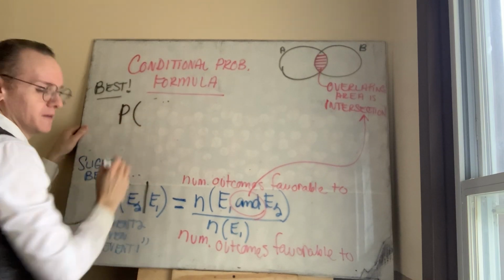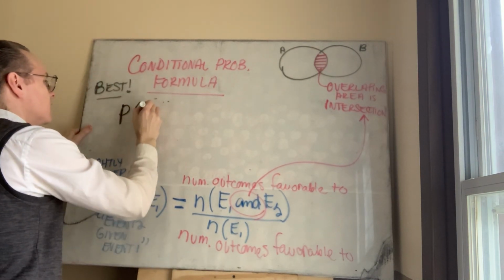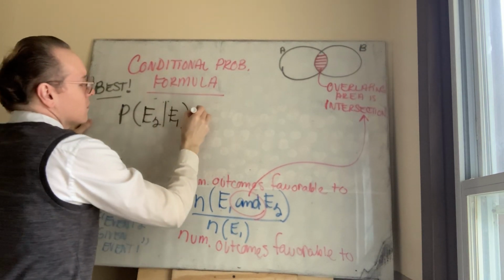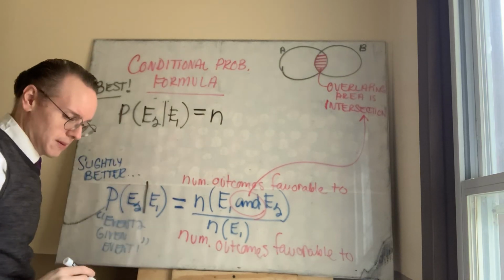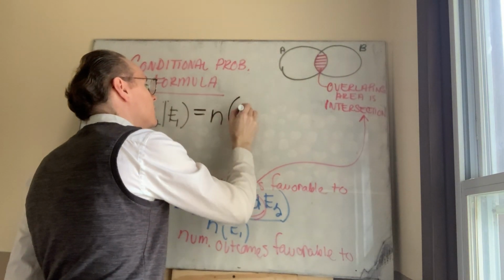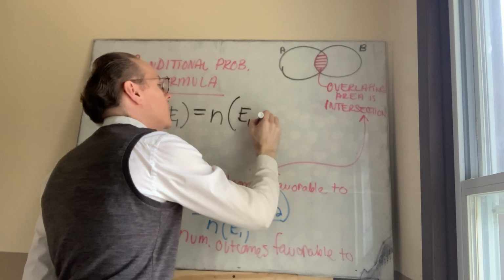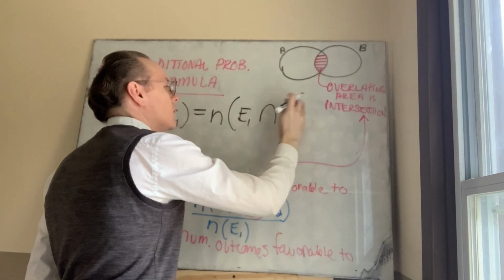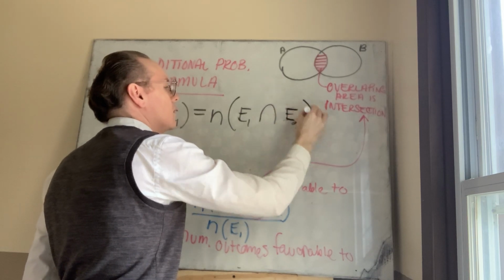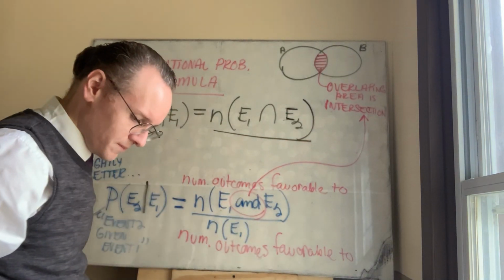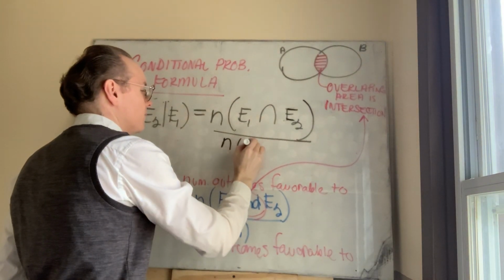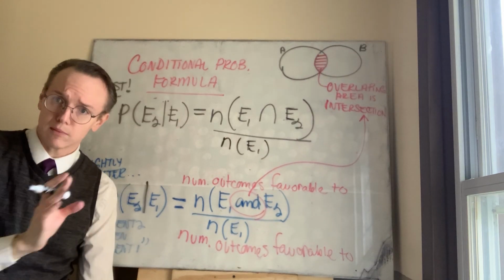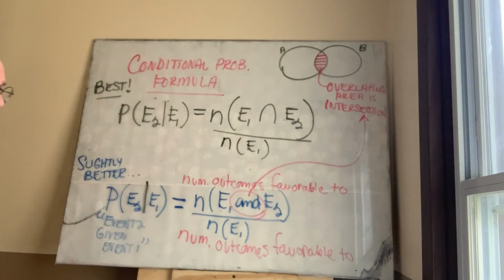So the probability of E2 given E1 is equal to, again, because it's less complicated, event 1 intersecting event 2, over event 1.